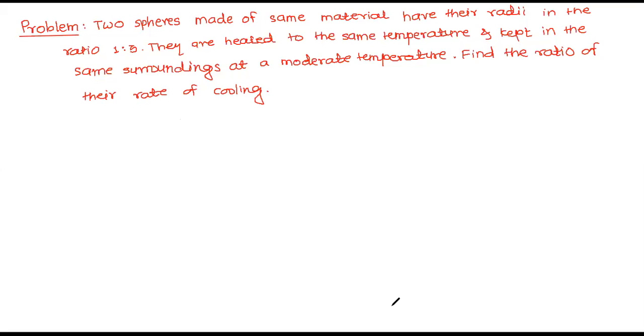Okay, so let's see how to solve this problem. What is given here first? Same material is there, so same material means rho is the same, that is rho 1 is equal to rho 2.